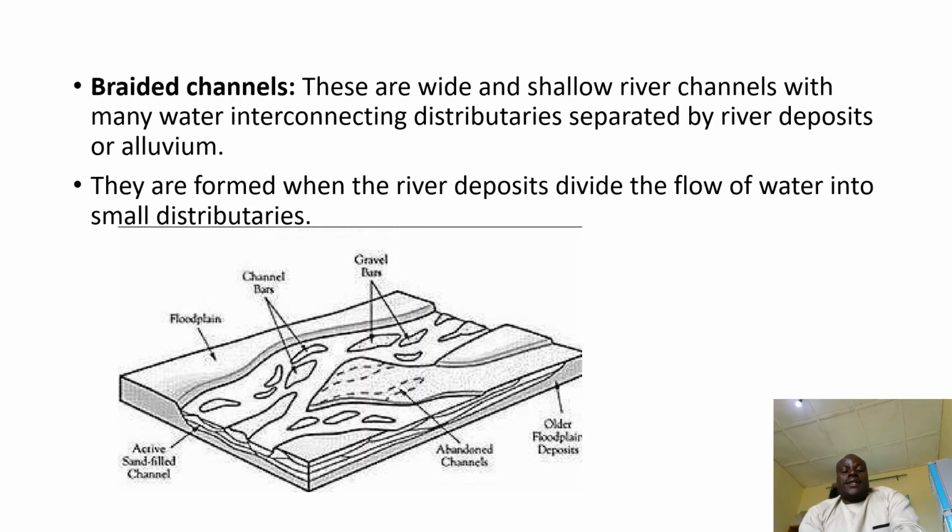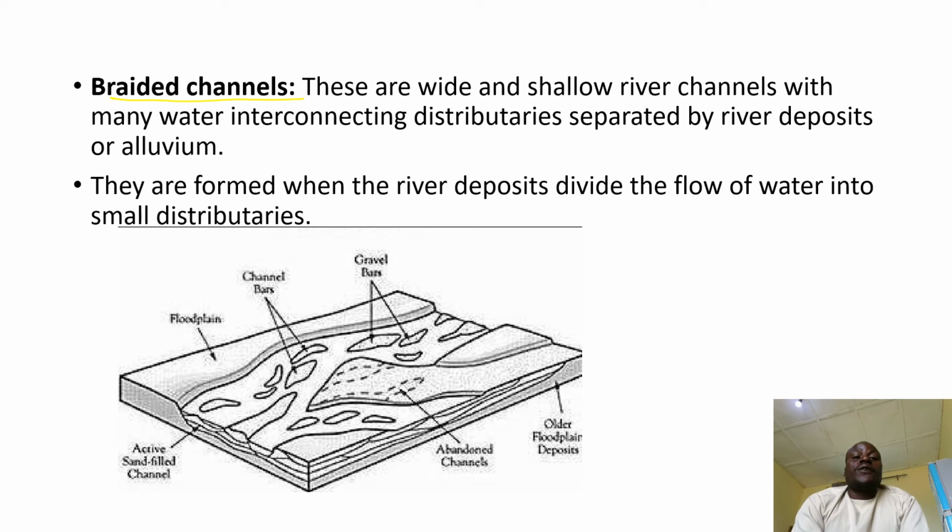Braided channels. These are wide and shallow river channels with many interconnecting distributaries separated by river deposits. They are formed when the river deposits divide the flow of the water into smaller distributaries.